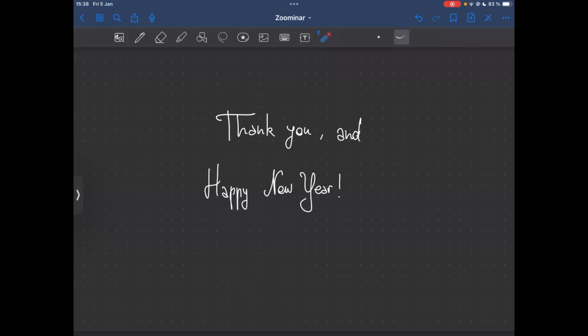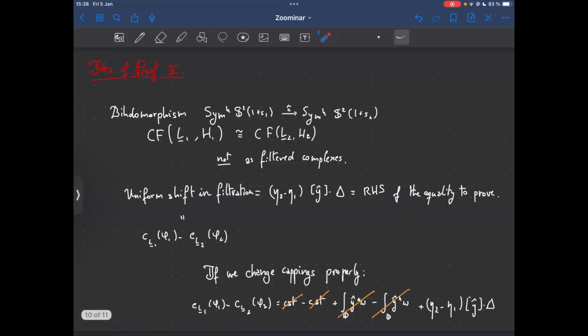Thank you. Okay. So as I mentioned, we can change couplings so that the difference between the two spectral invariants is only given by this quantity. And by the way, this is going to be the constant C_K,A.